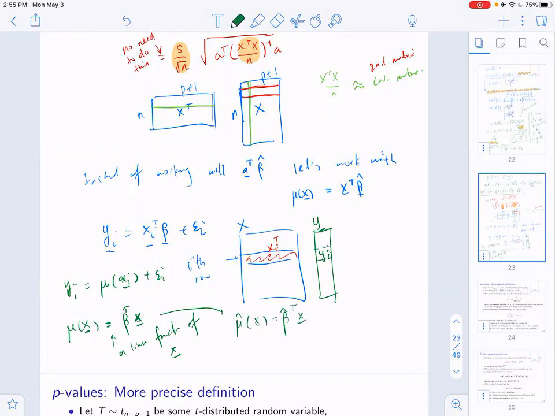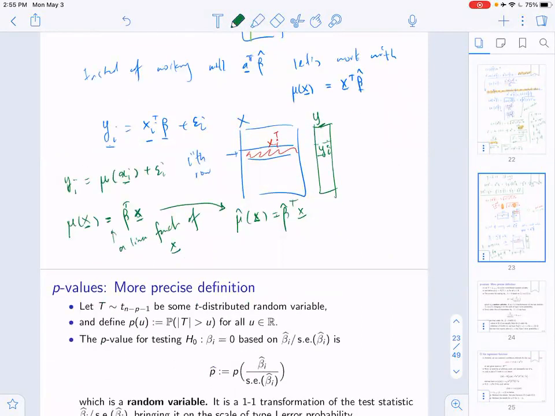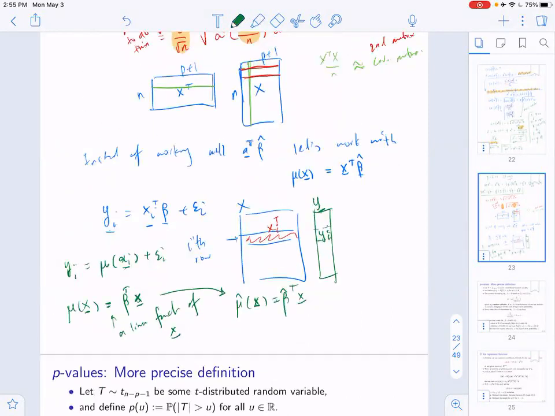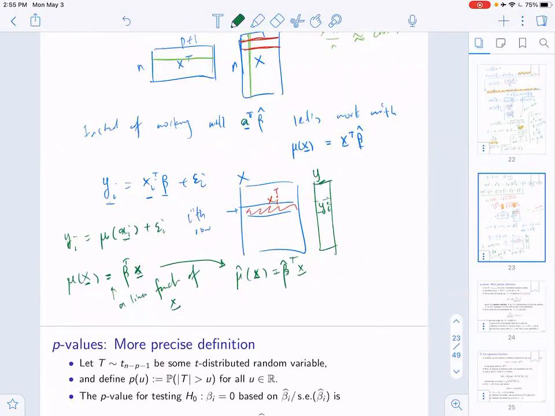So everything we have done, just replace a with x, and this would be exactly the same. Everything that we did was mathematically the same. It's just the name of a, we just renamed it to something else to be more informative. So this is now a plug-in estimate of the regression function.